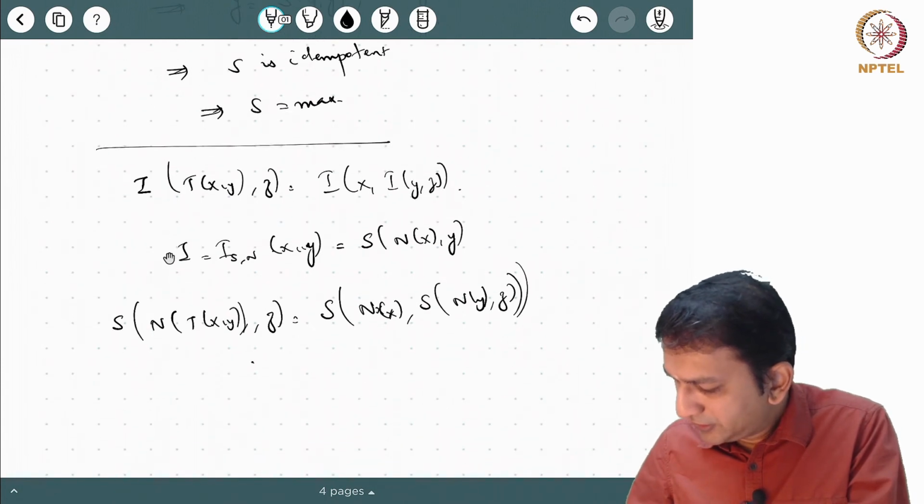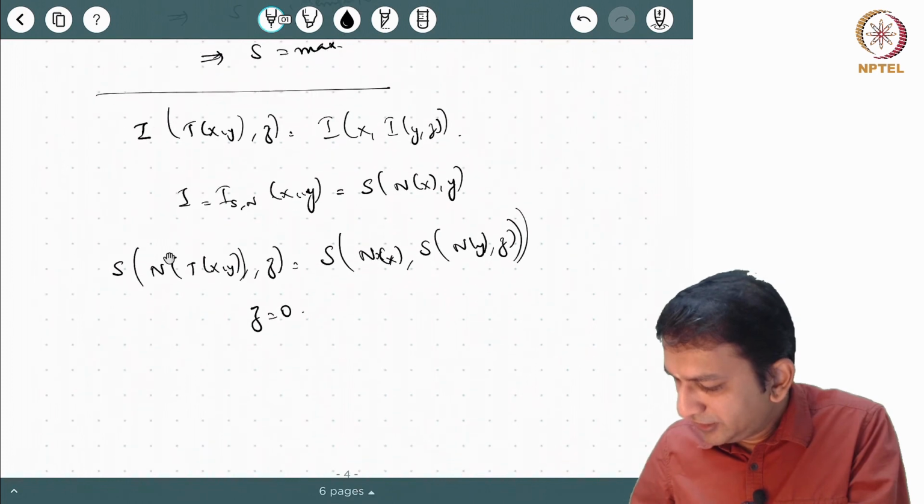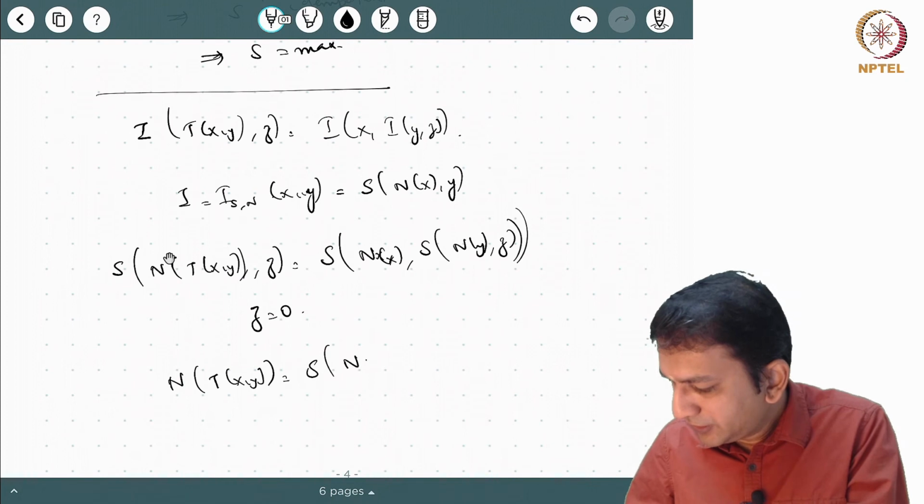So now let's take z to be 0, and clearly this means N of T(x,y) is equal to S of N(x) comma N(y).